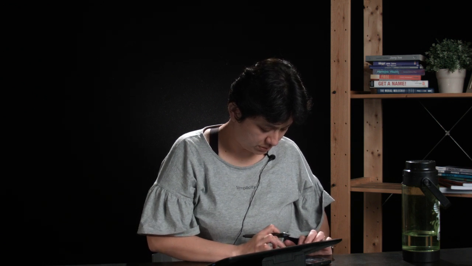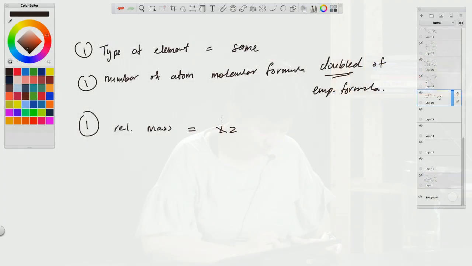Oh, okay. So the thing about the calculation, let's try and count. If it's the relative mass, they always ask you for the n.